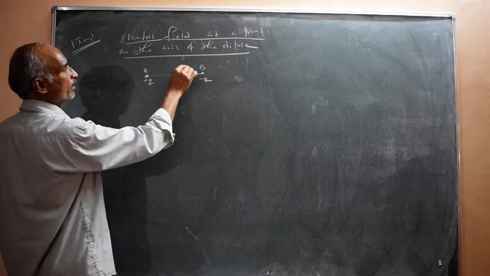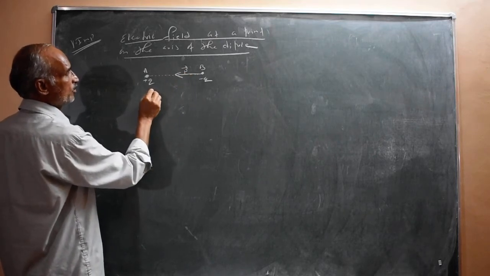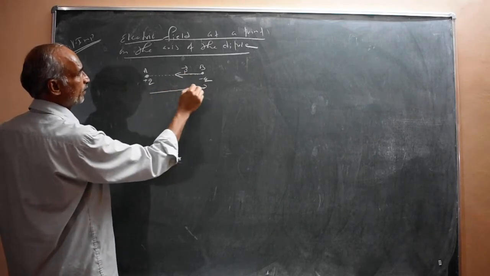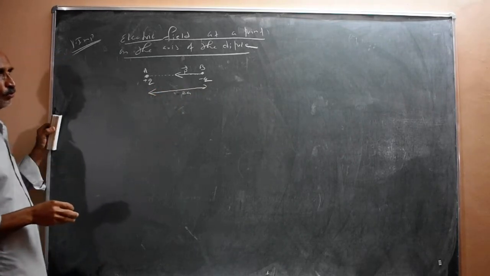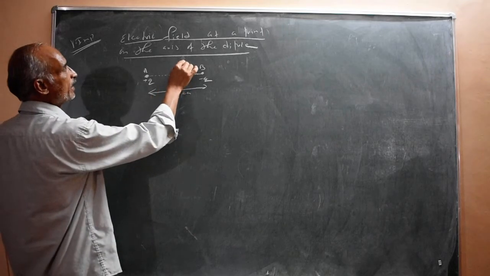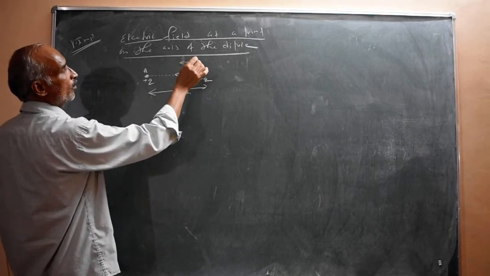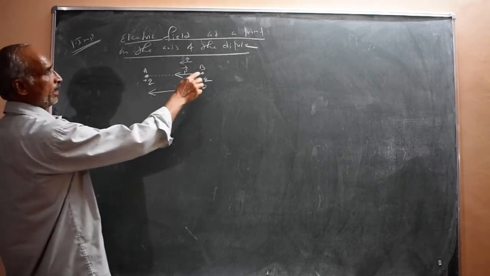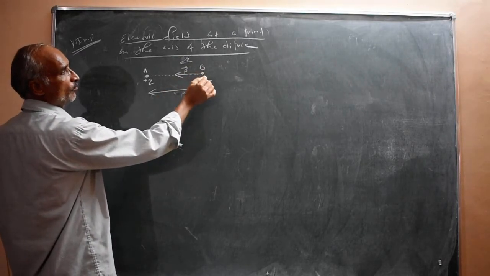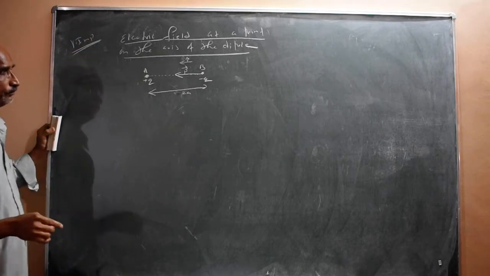Dipole moment p bar is in this direction. This separation between minus q and plus q is 2a, and p cap is a unit vector in the direction of p bar. Actually, p cap is directed from minus q to plus q.